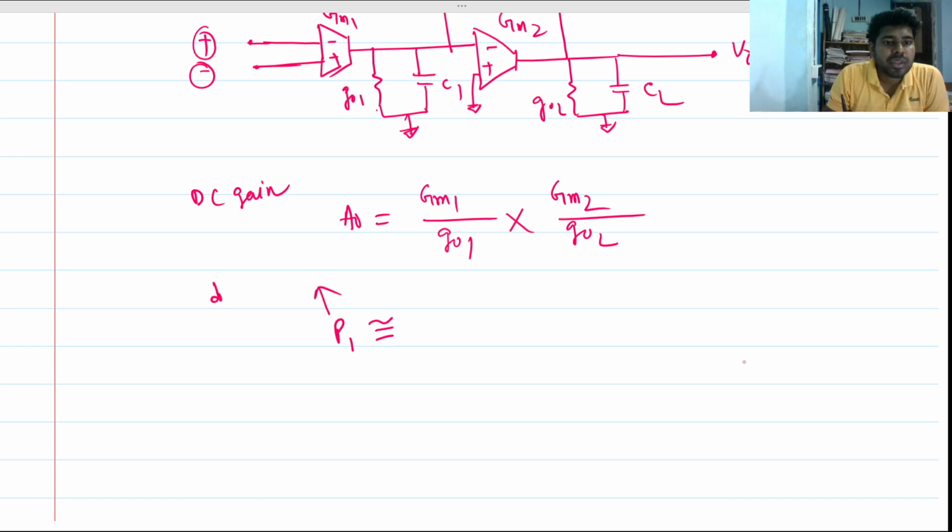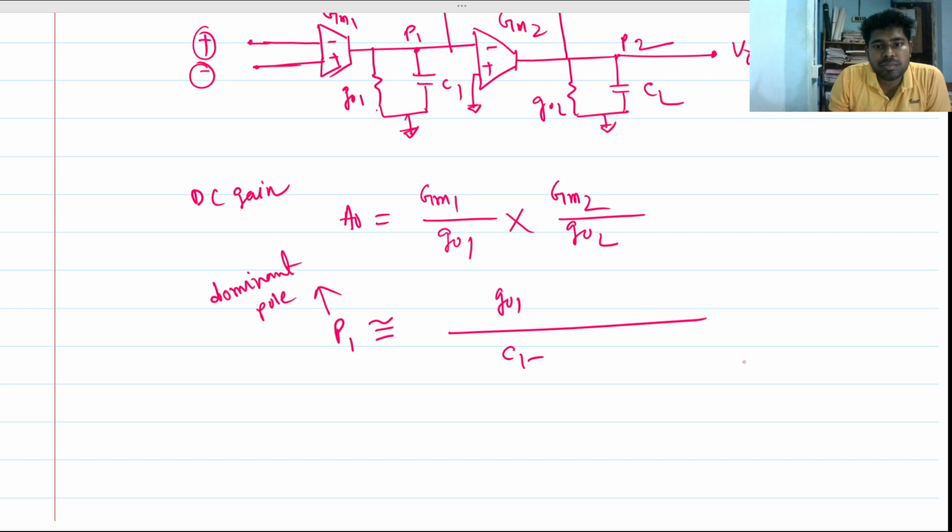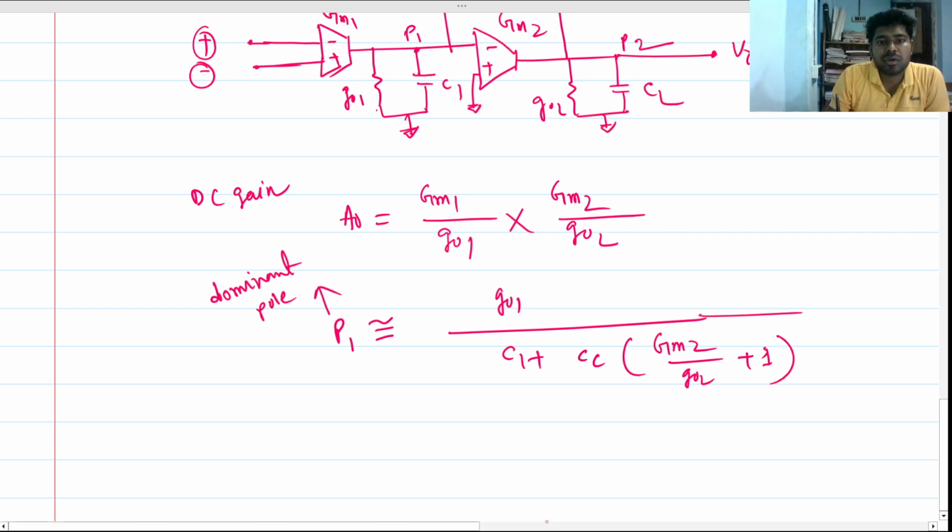This is P1 and this is P2. The dominant pole will be GO1 divided by C1 plus CC into GM2 by GOL plus 1. This is all approximate.